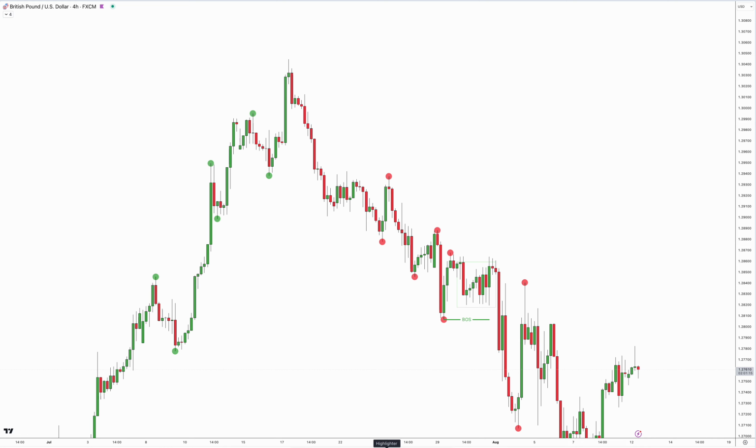Sometimes we can get very tricky moves in the market where, for example purposes, we have a POI here and price does something like this where it comes up, we'll come into the POI, we'll do this, something like that, and people will think it's broken structure, but that is not the case, because we've got higher low, higher high, higher low, higher high.